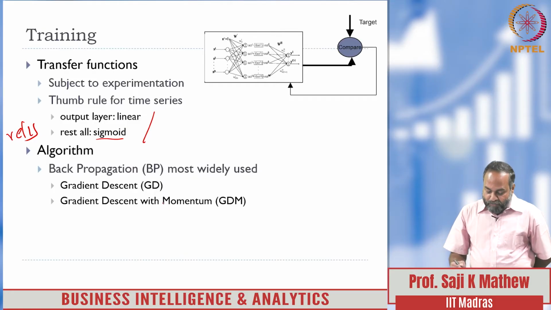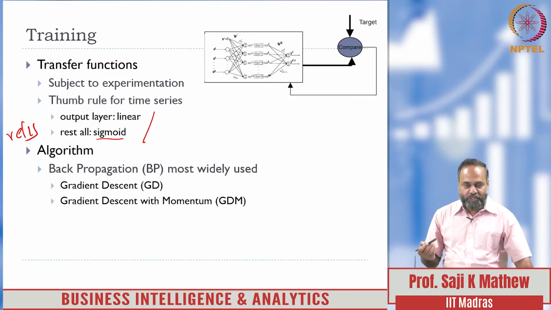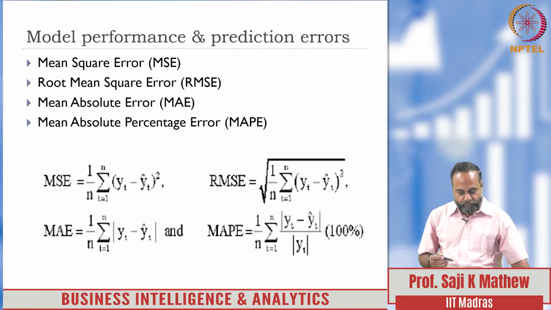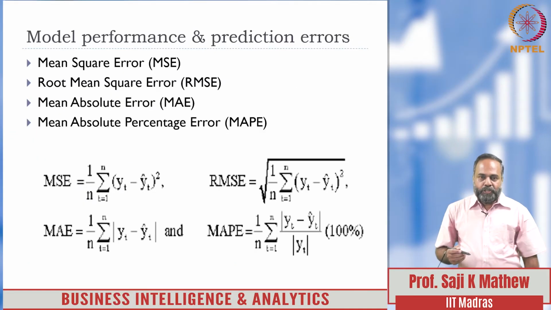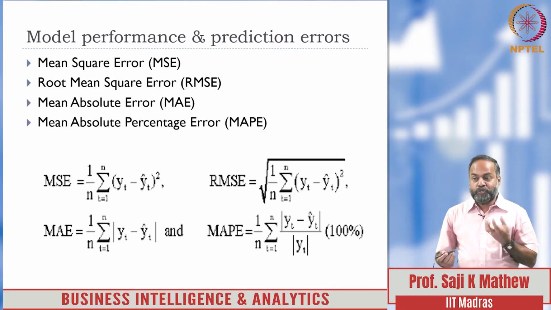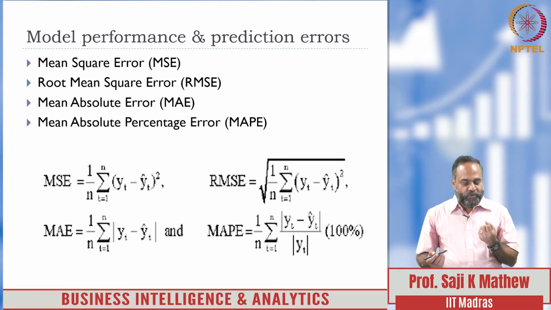You also have choices of algorithm when you use typical libraries or software for training neural networks: gradient descent and gradient descent with momentum. These are different variants of the backpropagation algorithm. And in modeling, especially for forecasting and prediction, you also need to estimate the prediction error.